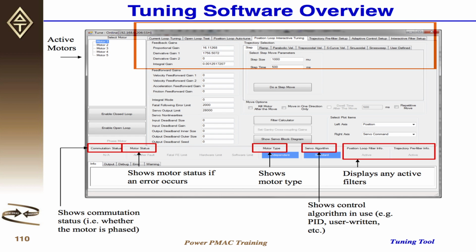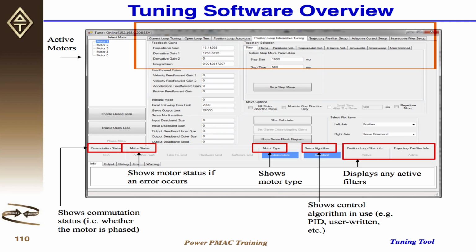And then the next step is what we call position loop auto-tuning. It's going to help you tune the motors via estimation algorithms. And we have the position interactive tuning, where you can see that we have all the gains. You can change them on the fly and look at their responses with multiple standard inputs.